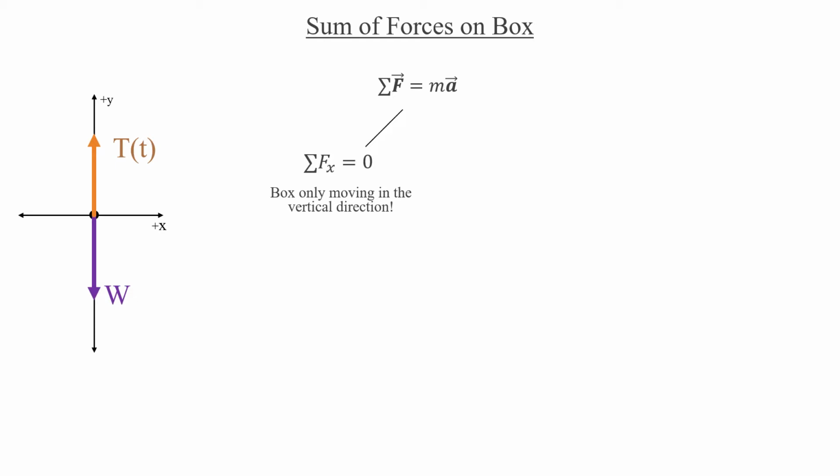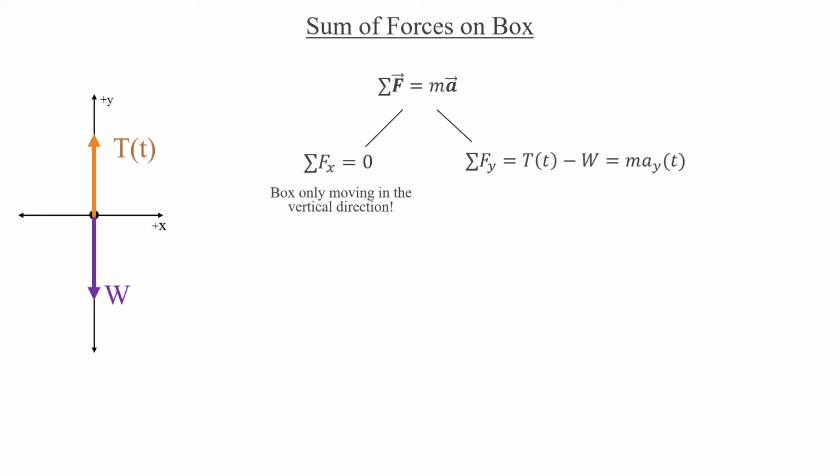On the other hand, in the y direction, that's where the meat and potatoes of this situation is occurring. We have the tension as a function of time acting in the positive direction, then the weight acting in the negative direction, and then we've got the net acceleration on the right hand of the expression over here. So what are we going to do?